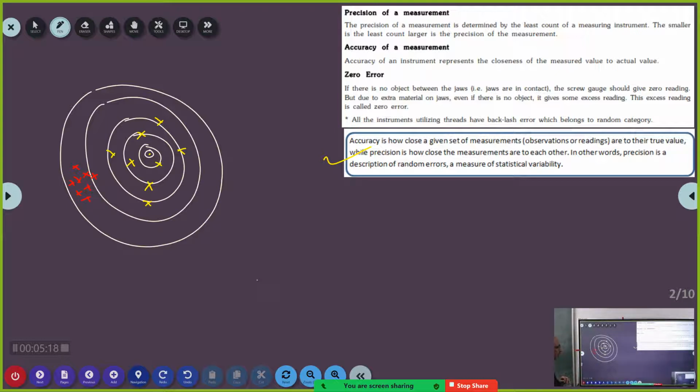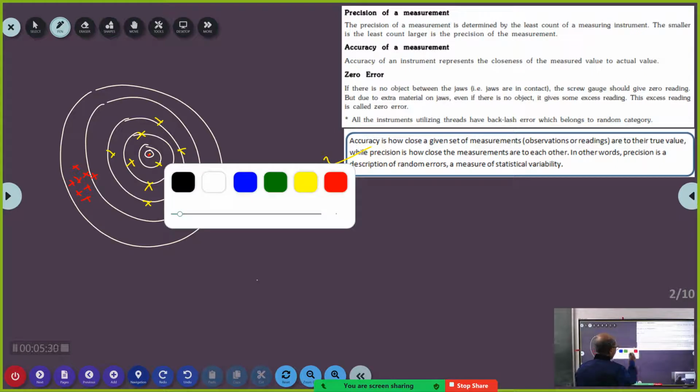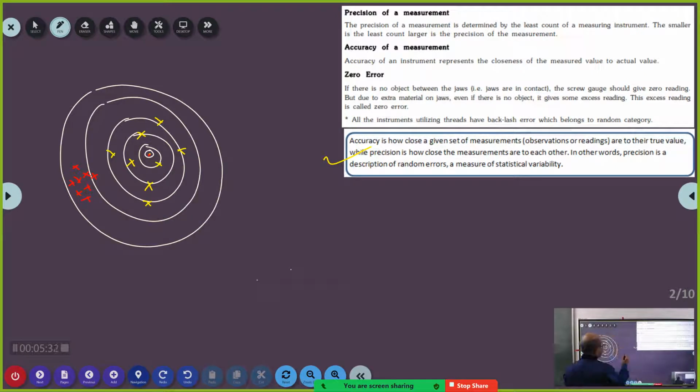Now, what is the difference here? If you see these yellow dots here, they are closer to the true value. What does it imply?